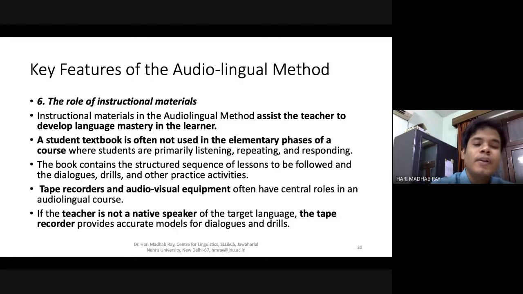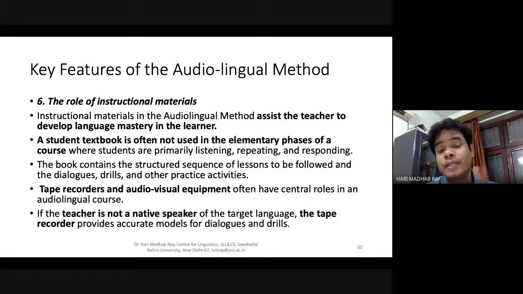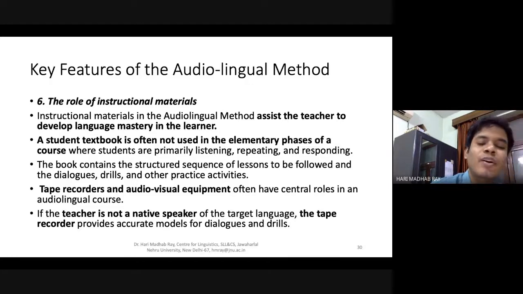If the teacher is not a native speaker of the target language, the tape recorder provides accurate models for dialogues and drills. So the drawback of the direct method that we were talking about is, to some extent, overcome by introducing tape recorders and lessons with native speakers' voices.